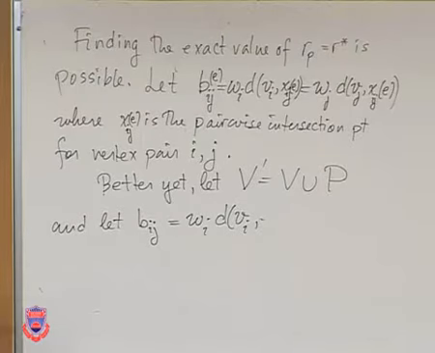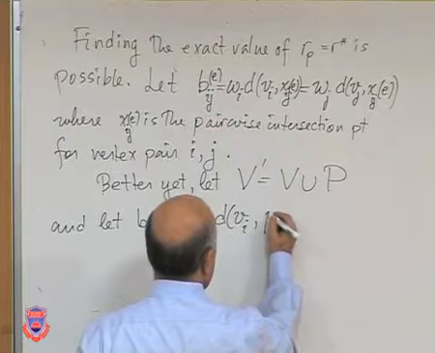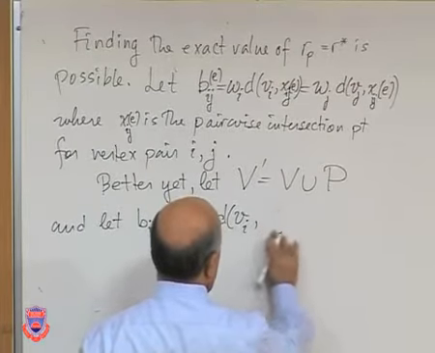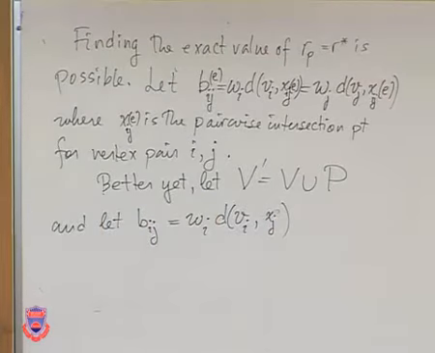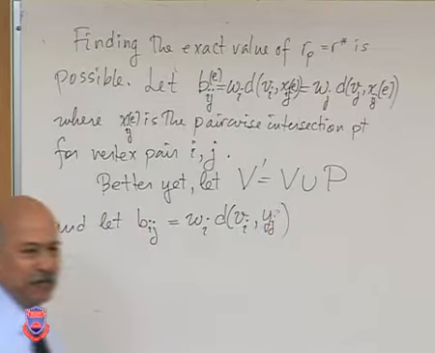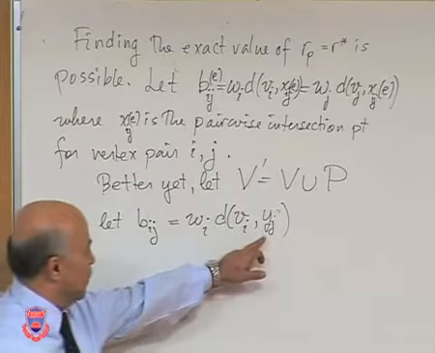Let's just call it Xj, okay? So let's make it Yj. I'm running out of notation here because I've used all of these symbols for something else.